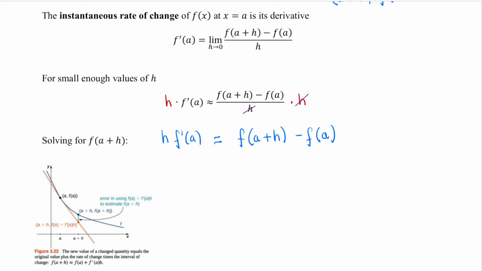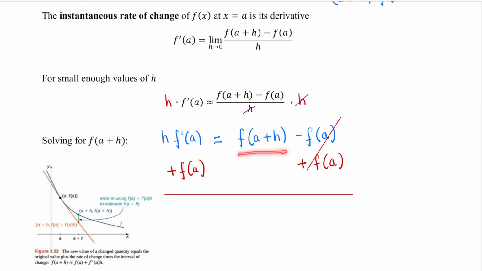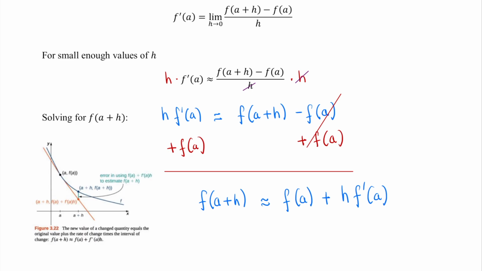Now, add f of a to both sides. We have f of a plus h times f prime of a is approximately equal to f of a plus h. This formula is very important.